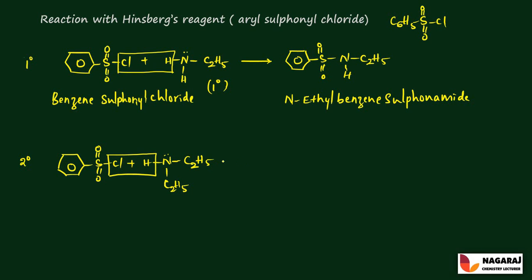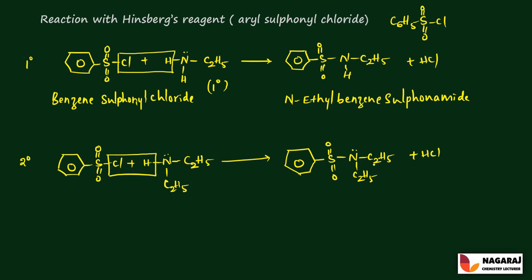And the reaction between the Hinsberg reagent with the secondary amines gives the product, where hydrogen and Cl are eliminated as HCl. So plus HCl, and it is N with C2H5 and C2H5, and there is one lone pair of electrons, plus hydrochloric acid.